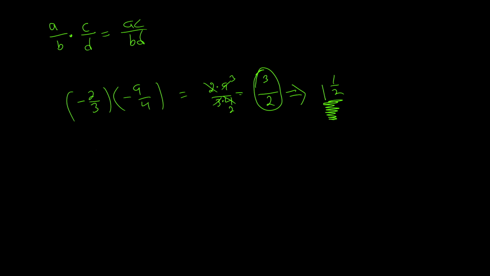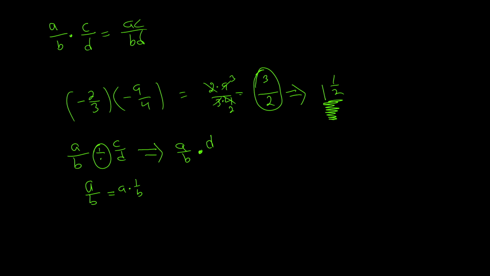Now, if I divide fractions, well, here's where the idea of the reciprocal comes back in. I can turn this into a multiplication. Remember, a division is equal to a multiplication times a reciprocal. Well, here I'm going to take this division and I'm going to multiply by the reciprocal. But what is the reciprocal of a fraction?